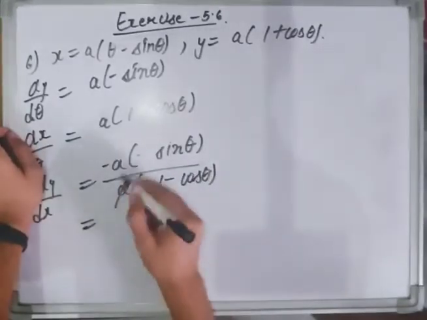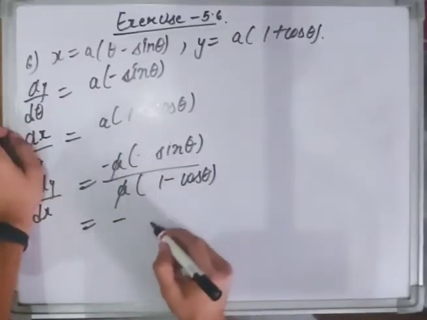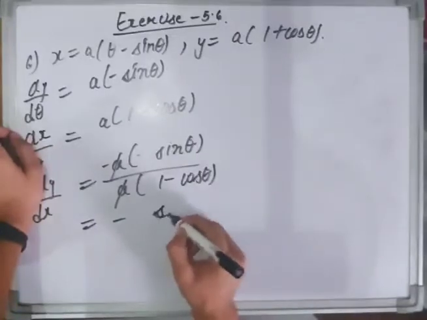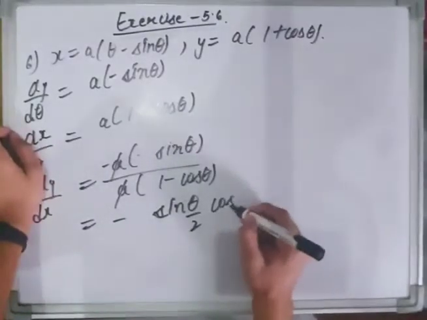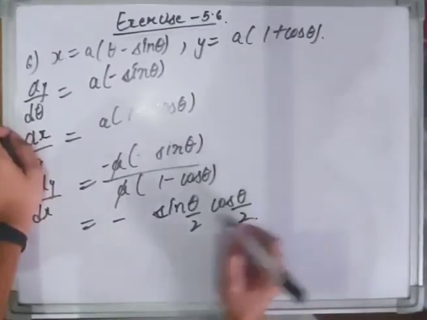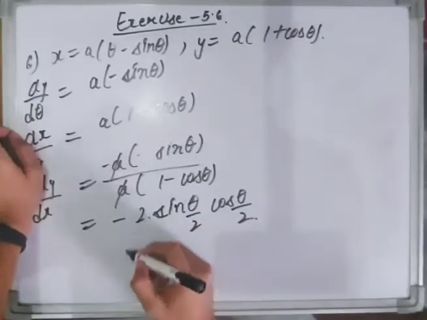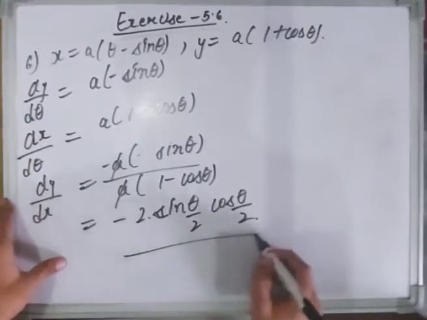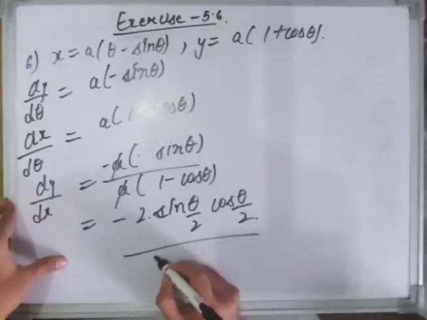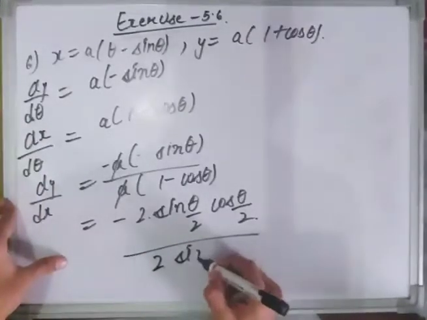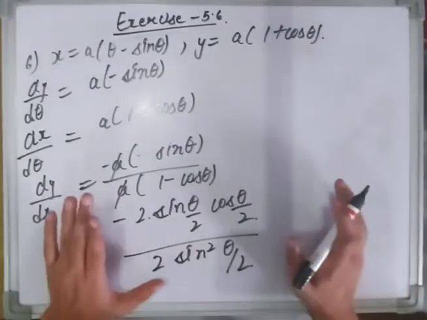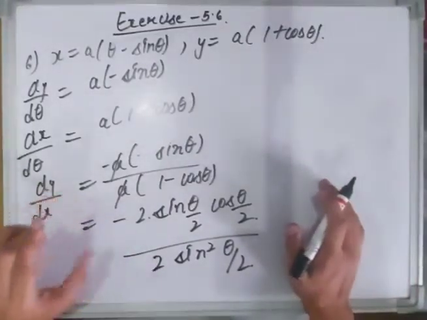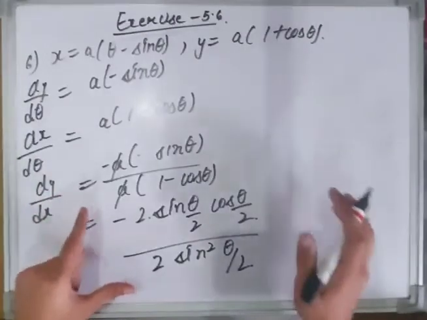We have the sin theta formula: 2 sin theta by 2 cos theta by 2, and 1 minus cos theta is 2 sin square theta by 2. Each and every one of these formulas is used in the second chapter, which is inverse trigonometric functions.